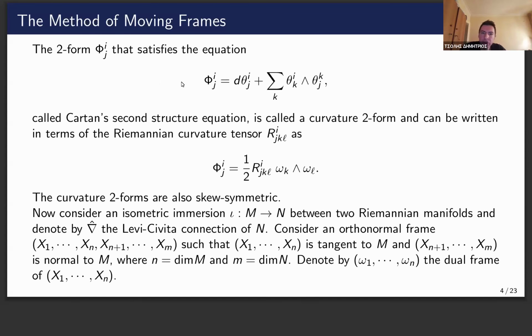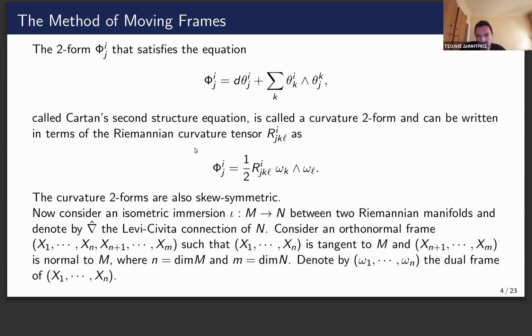Now, the second structure equation is essentially the curvature equation. So the curvature is just this phi ij, and it's written like this. So this is the exterior derivative of the connection forms, and this is the wedge product. Again, this is the second equation, and we can find the curvature.